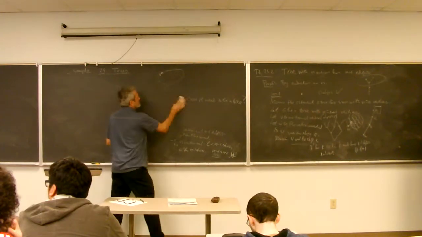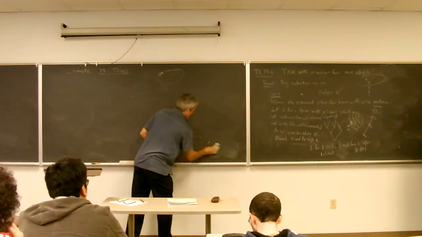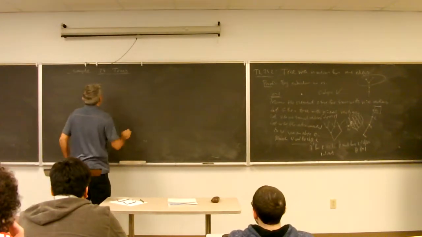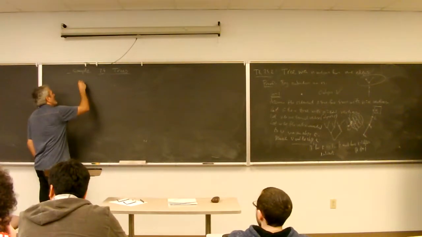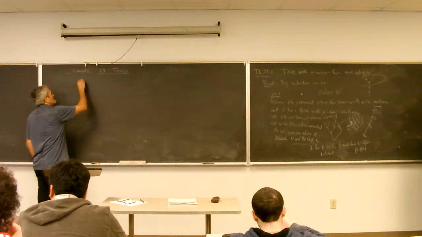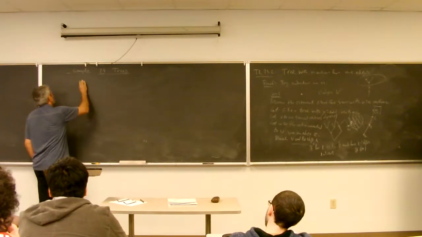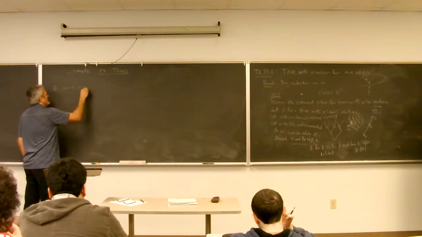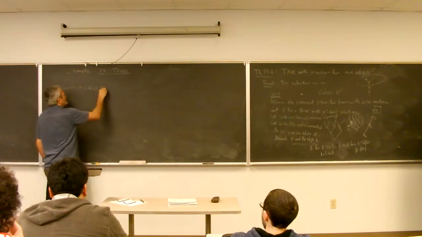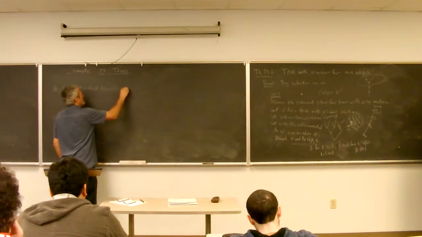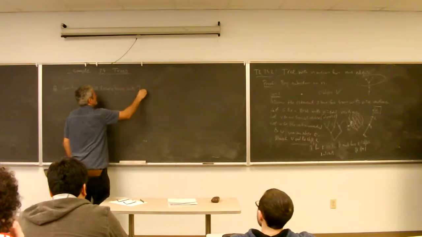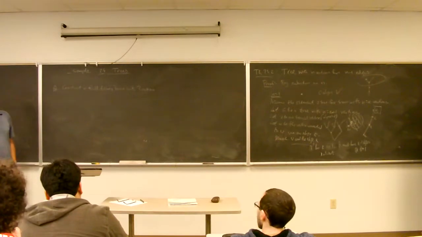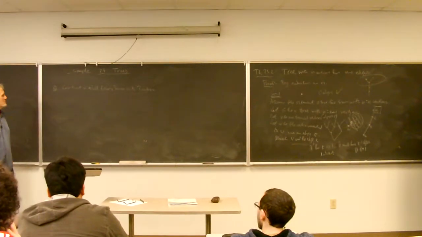We'll do the proof, but first let's see how to make this. Let's make a question: construct a full binary tree with 7 vertices. Can we do that? How?